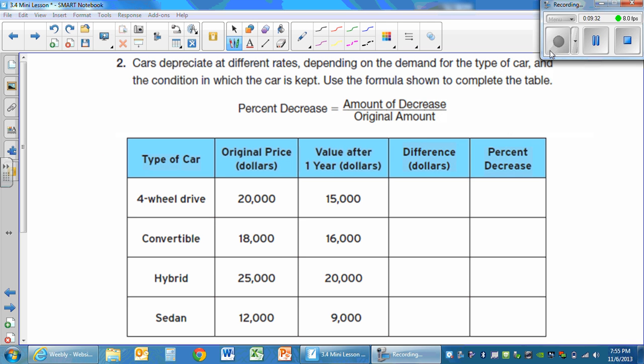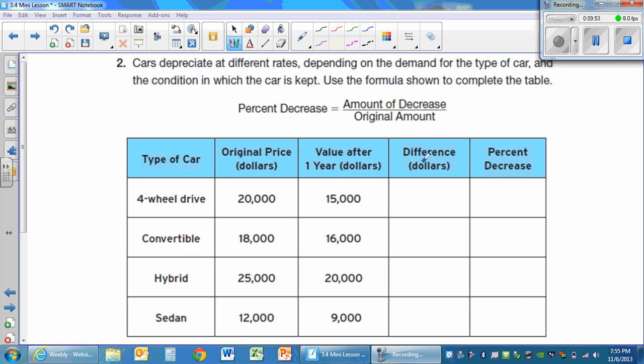Cars depreciate at different rates, depending on the demand for the type of car and the condition in which the car is kept. Use the formula to complete the table. So percent decrease has a very similar formula to percent increase. You're going to take the amount of change over the original amount.